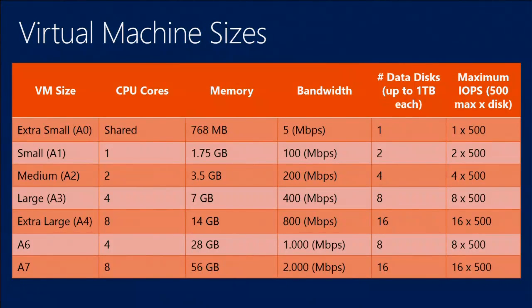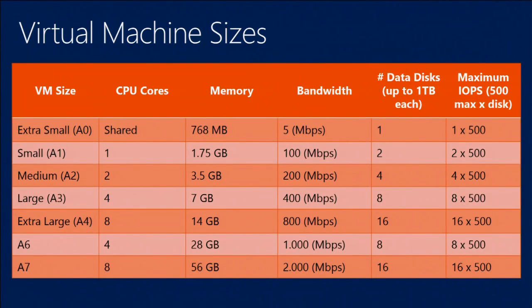And the sizing determines the number of cores. In A0, you have a shared core, shared with someone else, so you don't have a dedicated core. A1, just one core, A2, two cores, and so on. From the memory viewpoint, you can start having 768 megabytes until having 56 gigabytes in the A7 sizing.